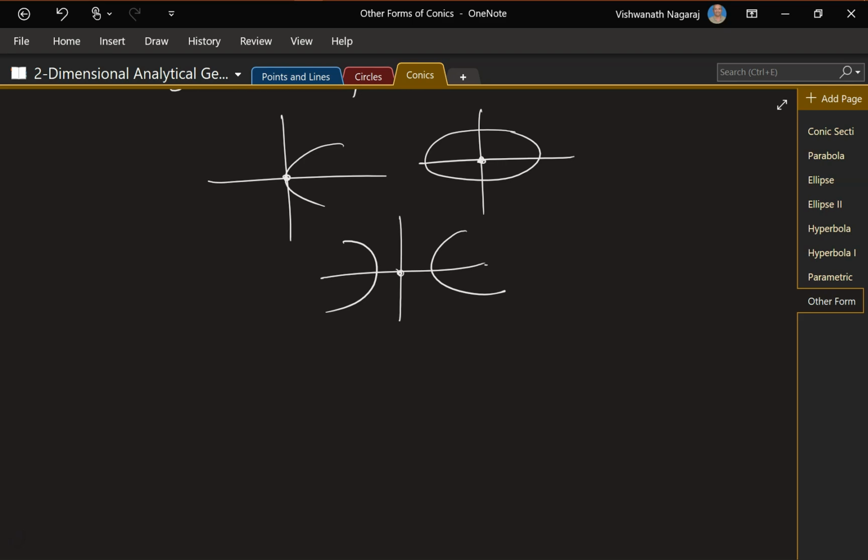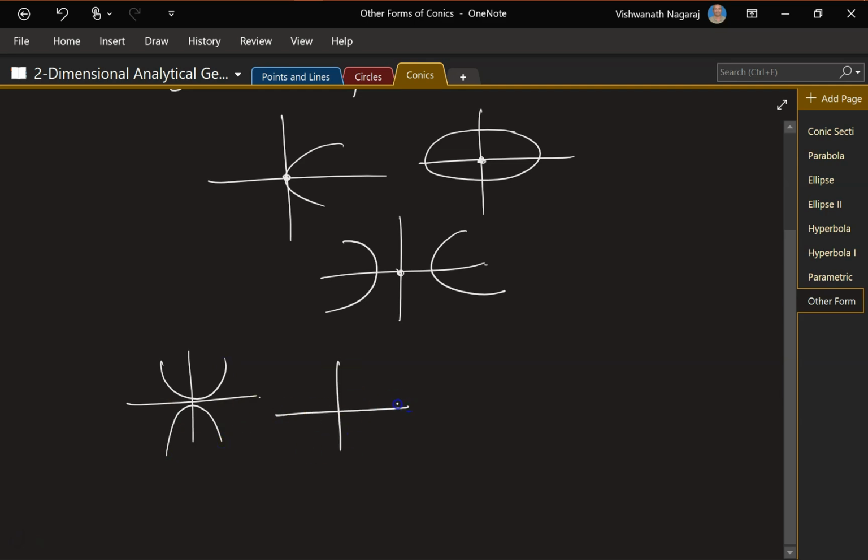Let's say the graphs are like this in the case of the parabola. In the case of the ellipse, it is like this, and in the case of the hyperbola, it is like this.